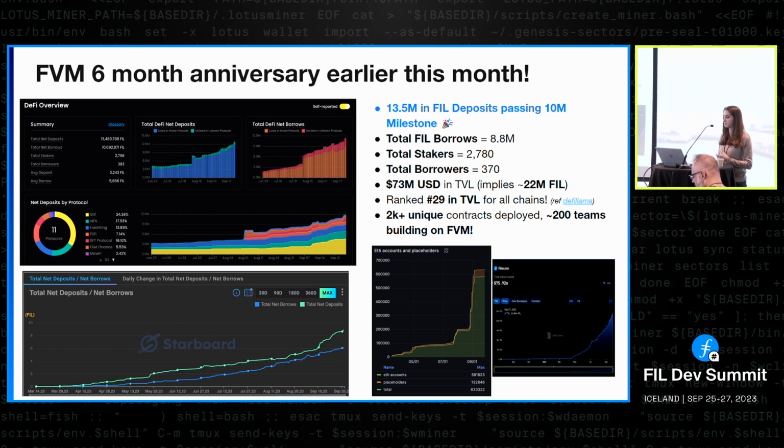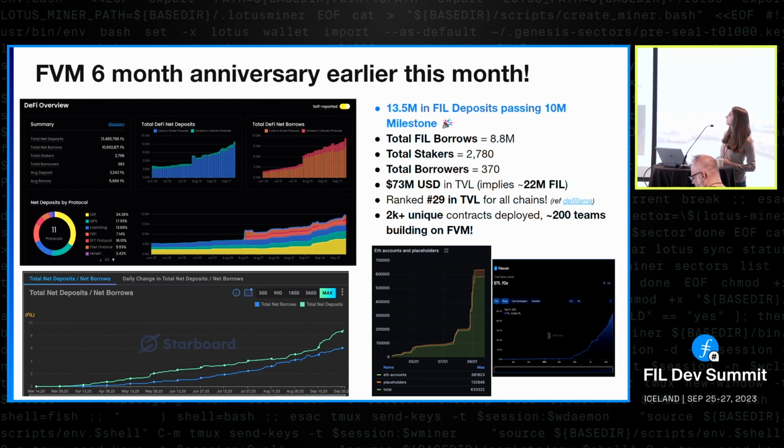13.5 million is an important number because that is the amount we can enable to loan to SPs, and you will see here the total borrow number is 8.8 million. That means we are able to create an ecosystem to support them as they are accepting deals and creating this ecosystem for growth.